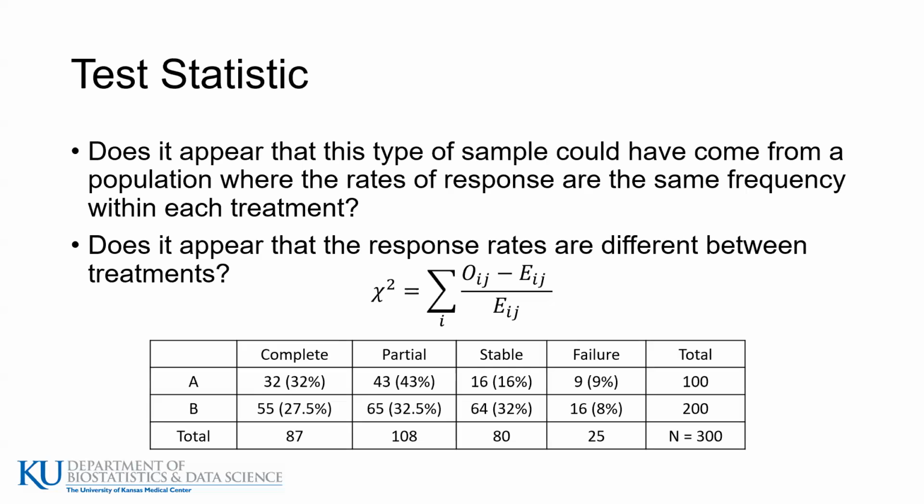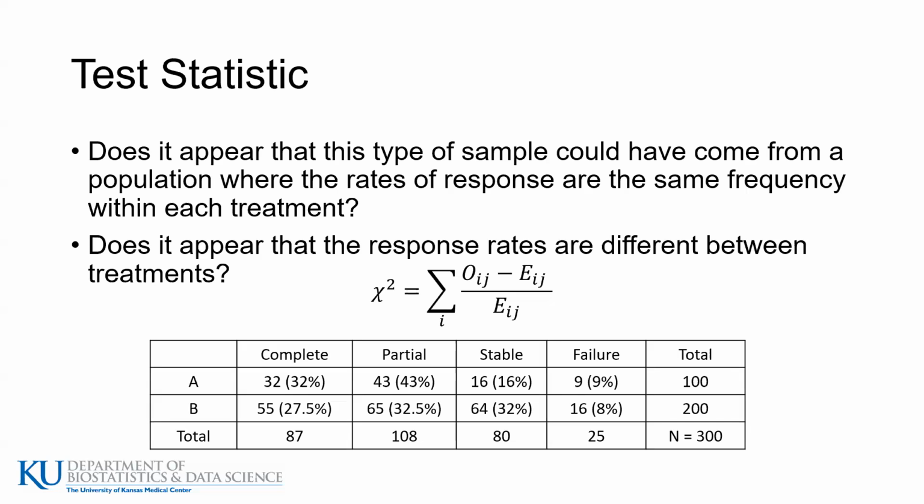So to evaluate this, like in all of our previous examples, we calculate a test statistic. Does it appear that this type of sample could have come from a population where the rates of the response are the same frequency within each treatment?